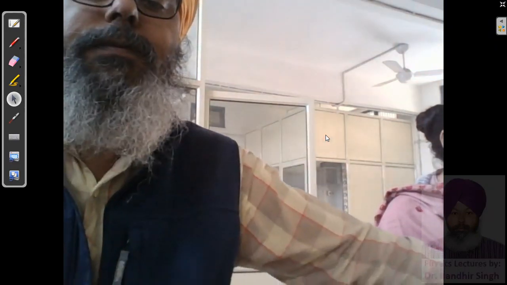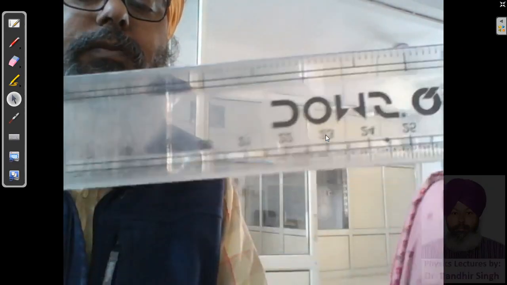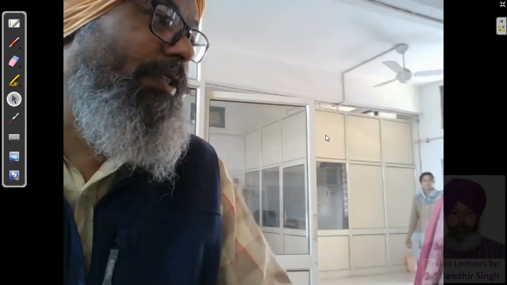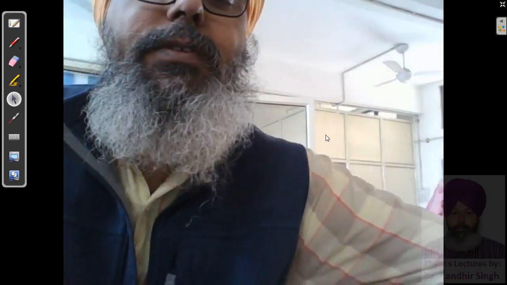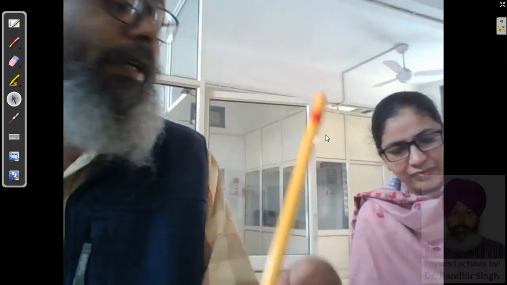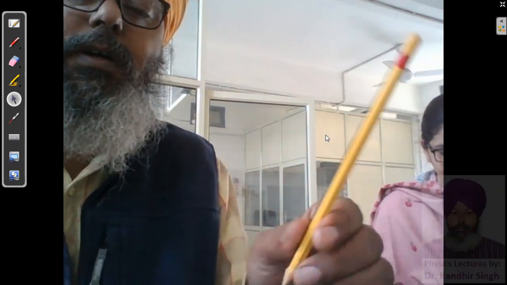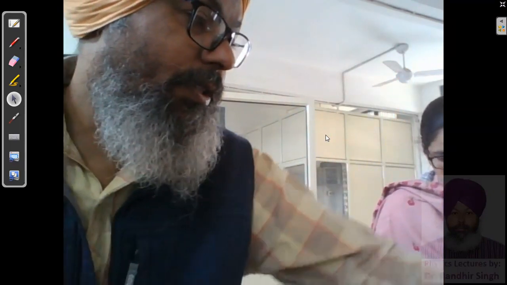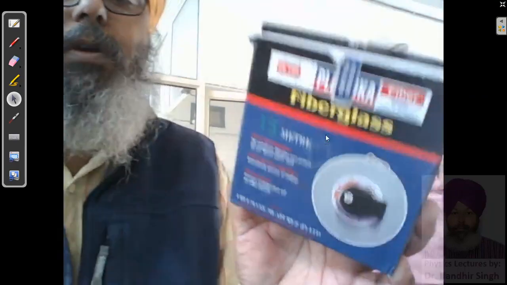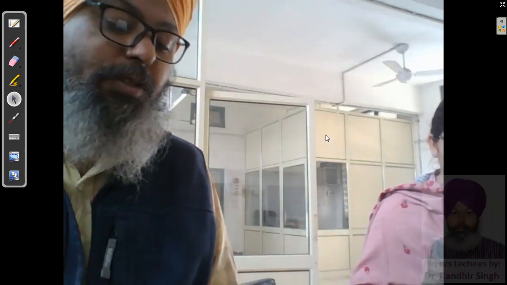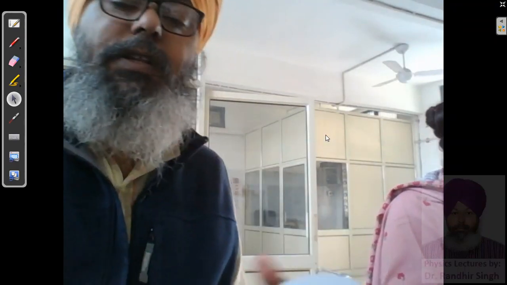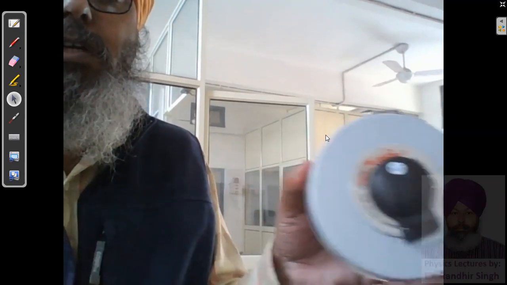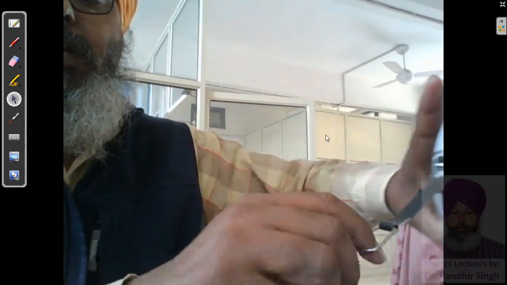I have this scale with me, with which I will mark tangents. I have this pencil with me, with which I will draw the tangents. I have this tape rule. This tape rule you might have seen with persons involved in construction work. We can put it like this.